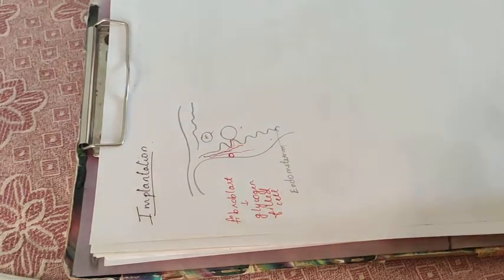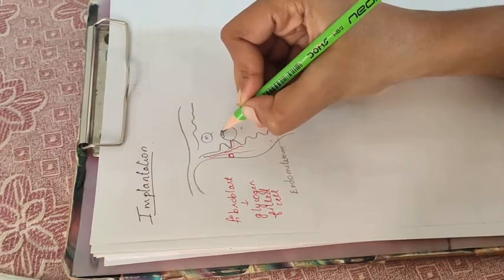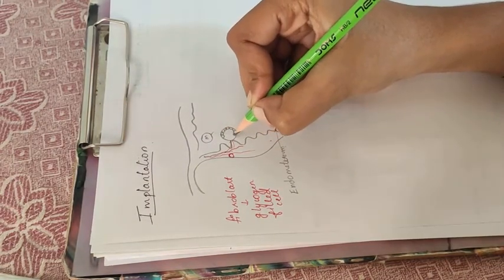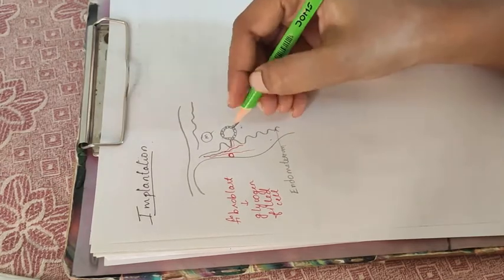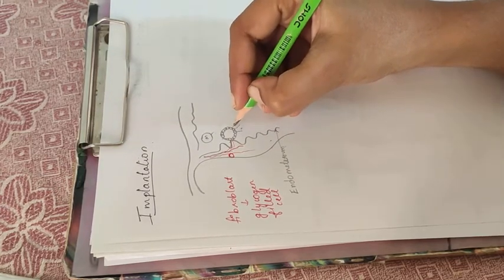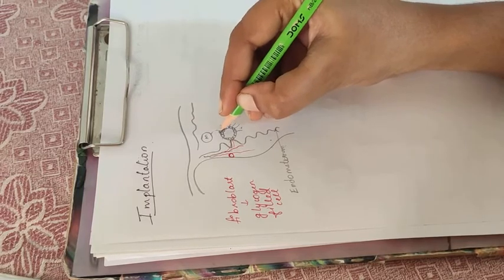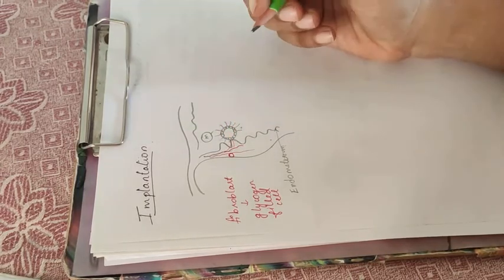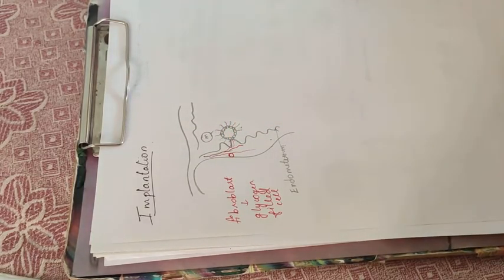This is one side preparation. On the other side, what happens? The blastocyst will have the trophoblast. This trophoblast will start producing finger-like projections outside, and these are called chorionic villi.